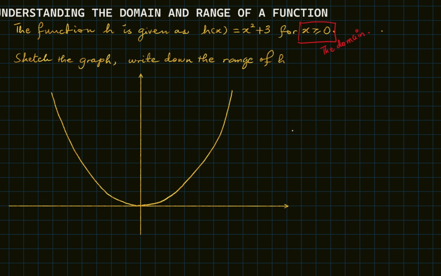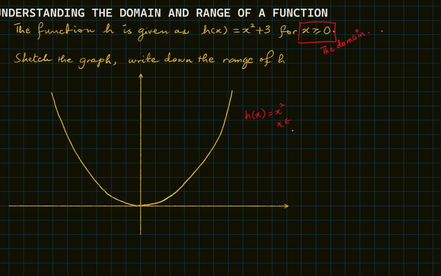So if we input that into this function, all the h of x that we are allowed will be our range. The graph I've sketched right now on the screen is the graph of h of x equals x squared. And this is what it normally would look like.